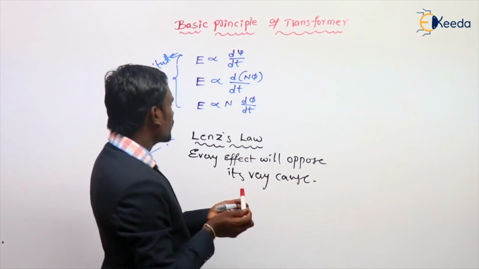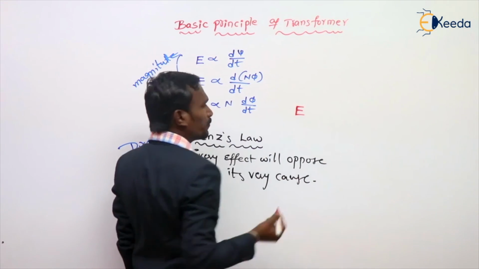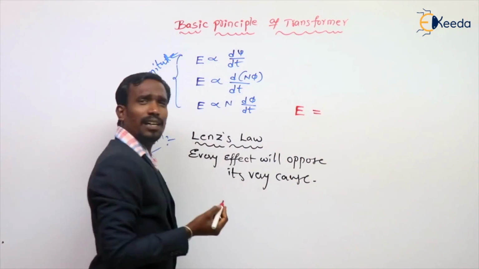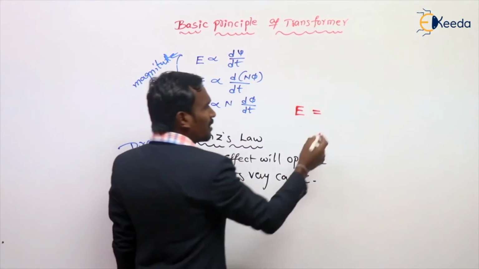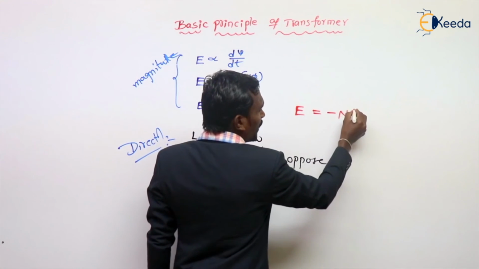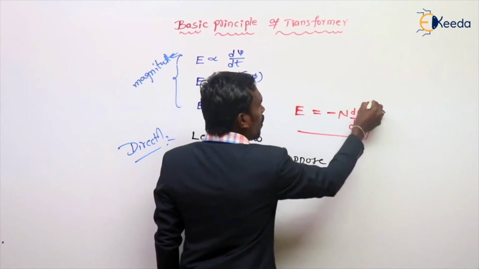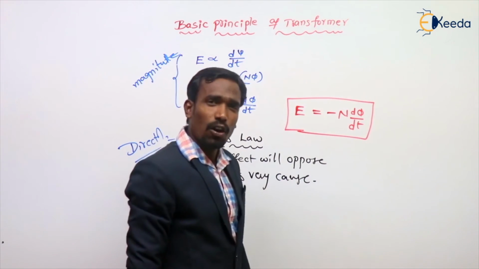What is the effect here? Here, the effect is the induced EMF. And what is the cause here? The rate of change of flux linkages is the cause. So every effect will oppose its very cause.